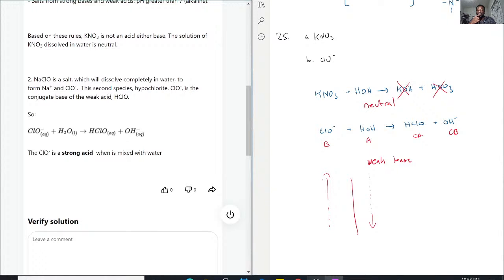It's a little bit hard to draw. But yes, I would just stick with weak acid will lead to a weak base. So this is incorrect. ClO minus is a weak base.